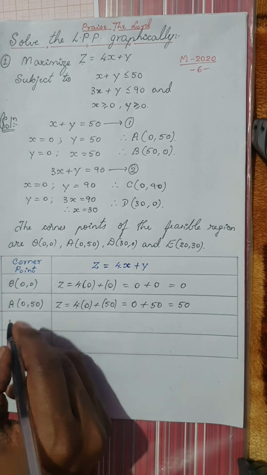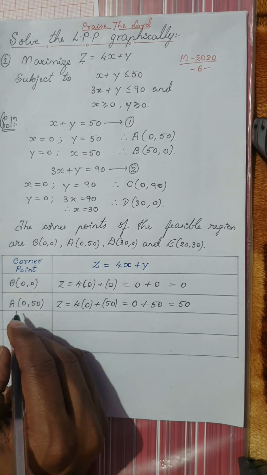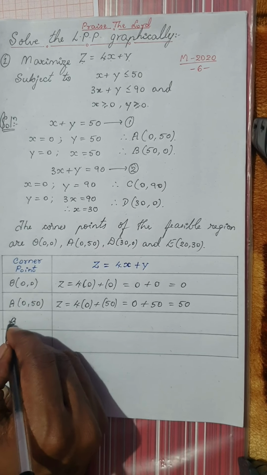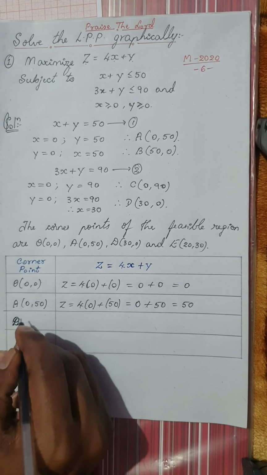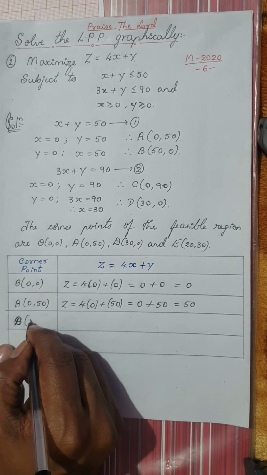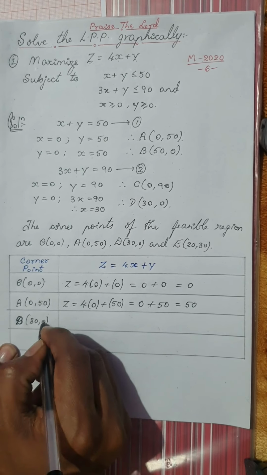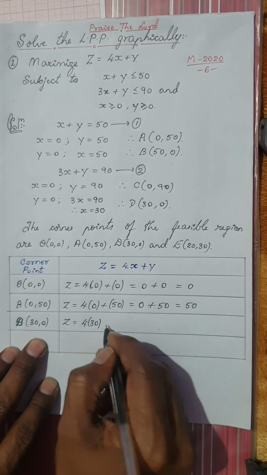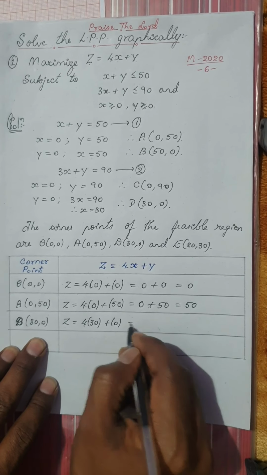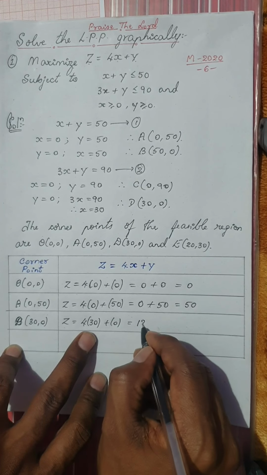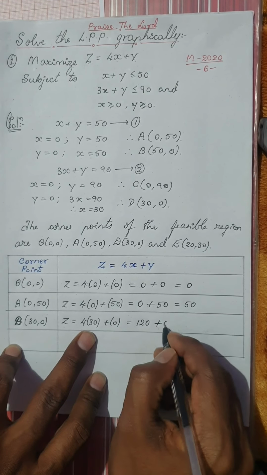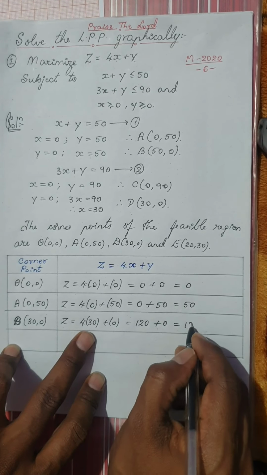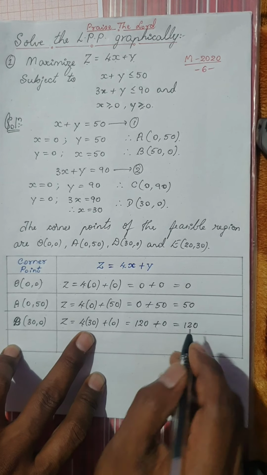Now similarly take another point, sorry, it is D. I will take point D. You can take any point, so you need not worry about the order. So 30 comma 0. z is nothing but 4 into 30 plus 0. 4 3s are 12, so it is 120 plus 0, which is 120.